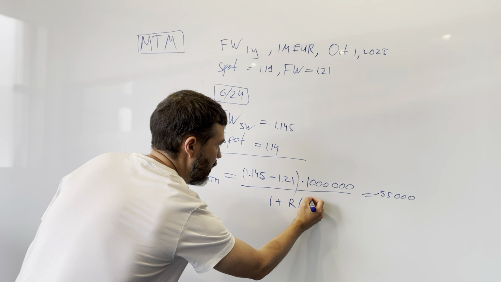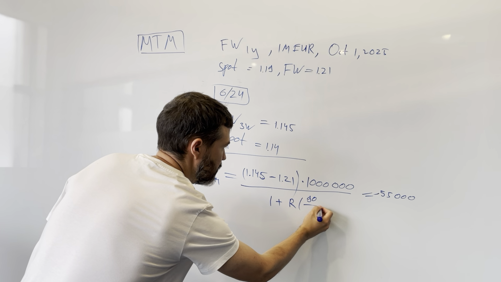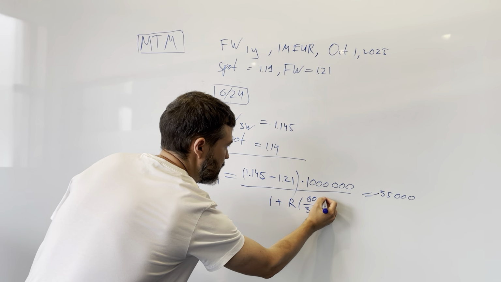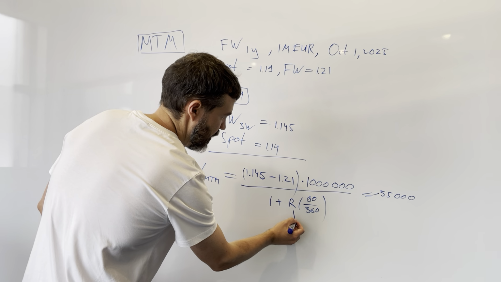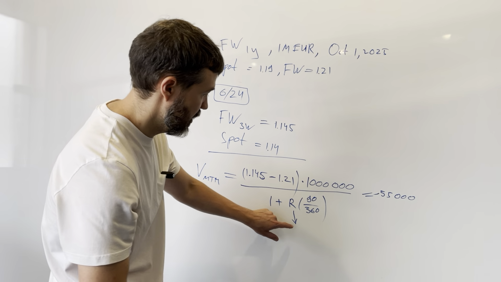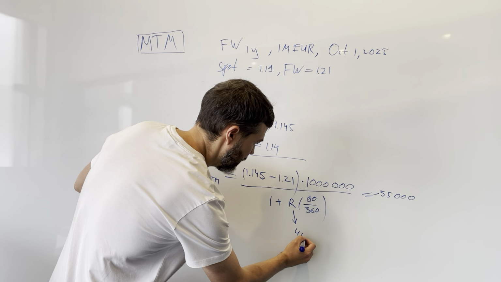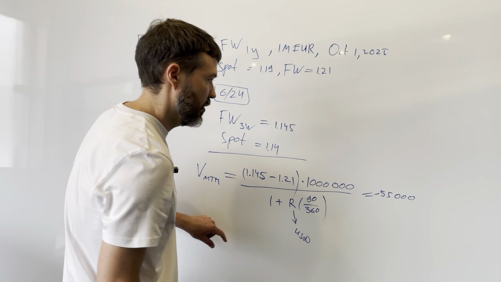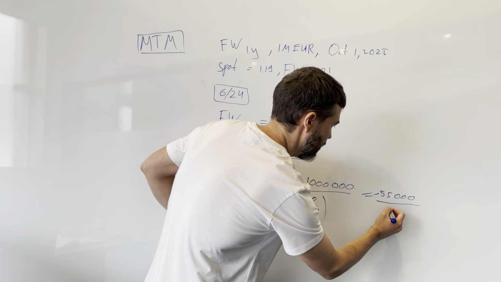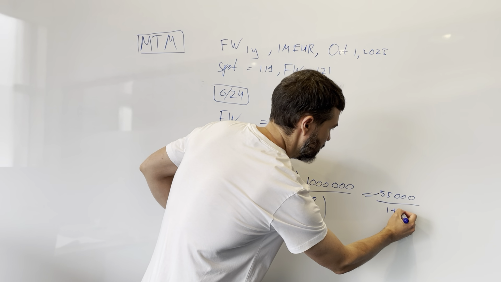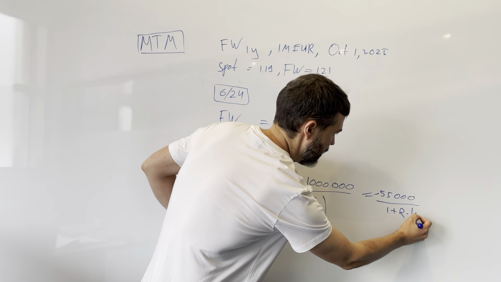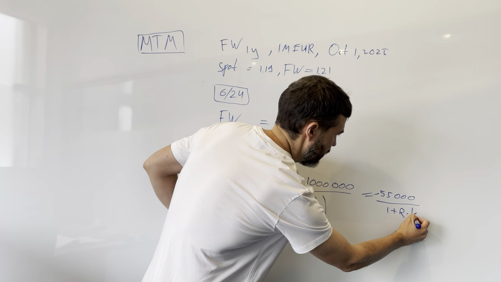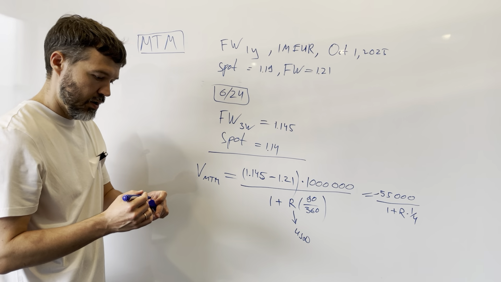Rate, 90 days until maturity over 360, and let's say the rate should be in USD, your functional currency. And here you are dividing by 1 plus the yearly rate multiplied by 1/4 of that rate. Here we go.